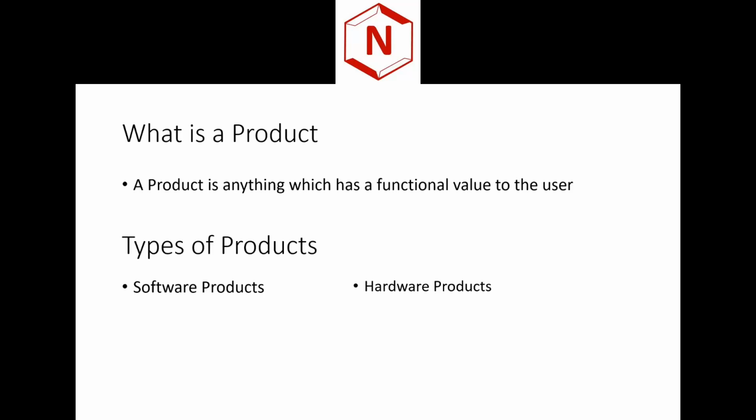We will quickly skim through the introduction to the product design. A product is anything which has a functional value to the user. It can be of various categories like software products or hardware products.